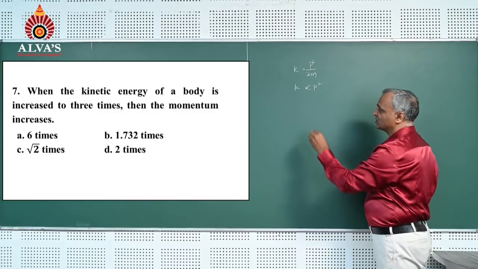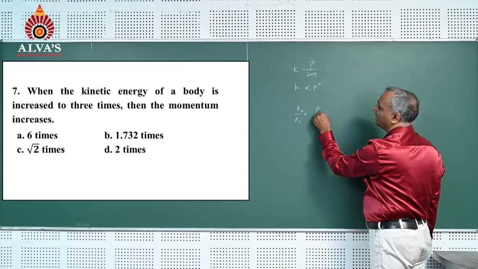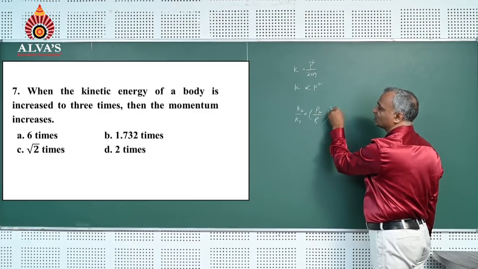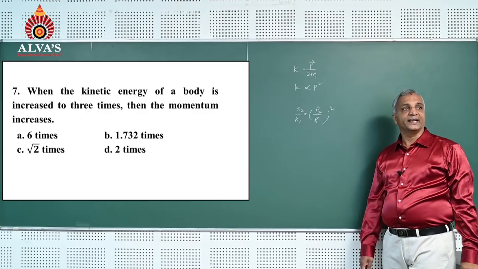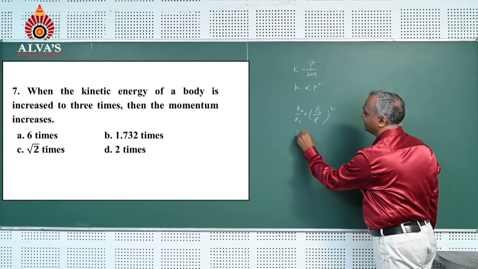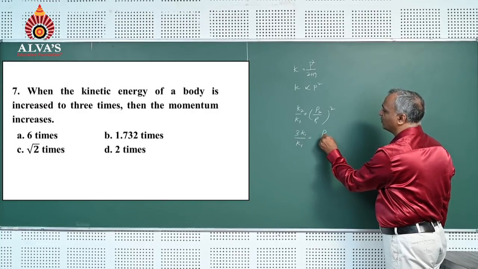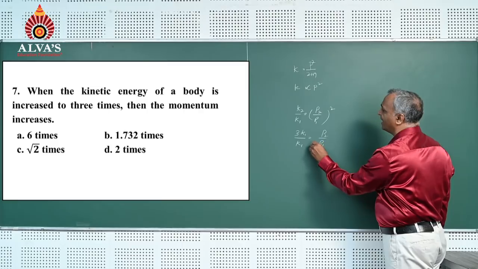So K2 by K1 will be equal to P2 divided by P1 whole square, and kinetic energy is increased 3 times, so it is 3K1 divided by K1 is equal to P2 divided by P1 whole square.